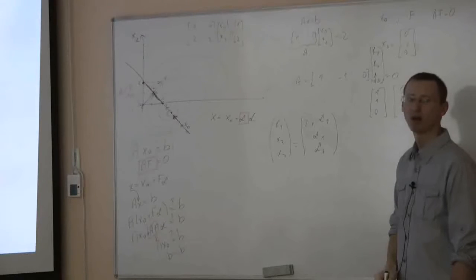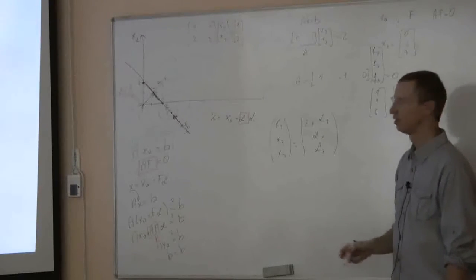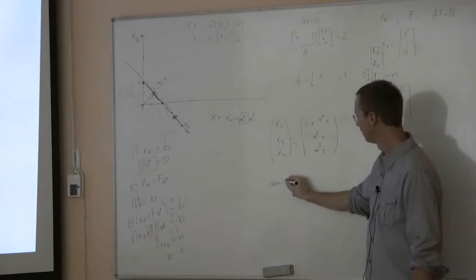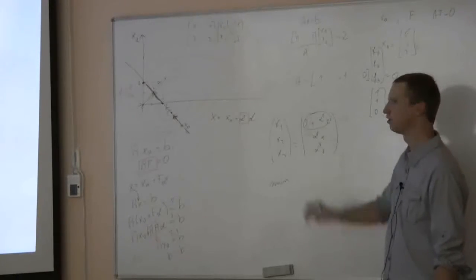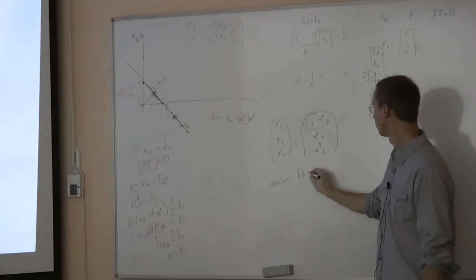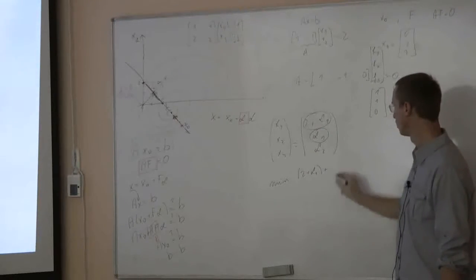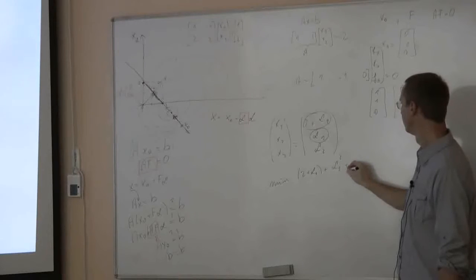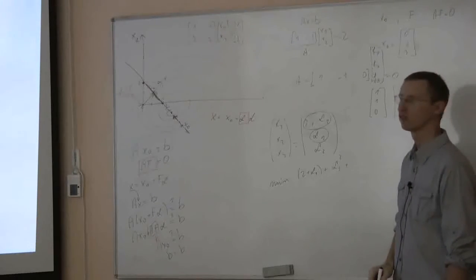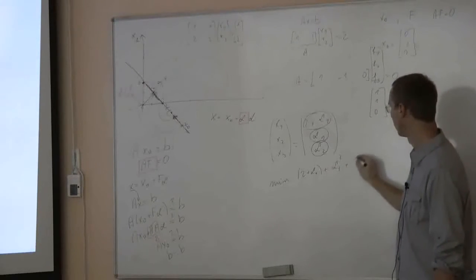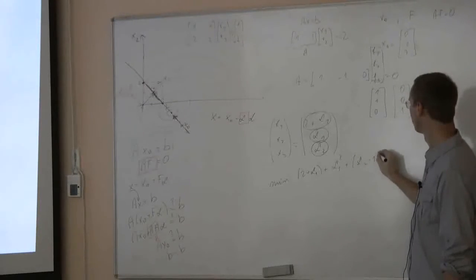And now we need to plug it into our cost function, meaning we are minimizing x1 squared. X1 is this guy. So (2 plus alpha 1) squared plus x2 squared, which is just alpha 1 squared, plus (x3 minus 1) squared, where x3 is just alpha 2. So (alpha 2 minus 1) squared.